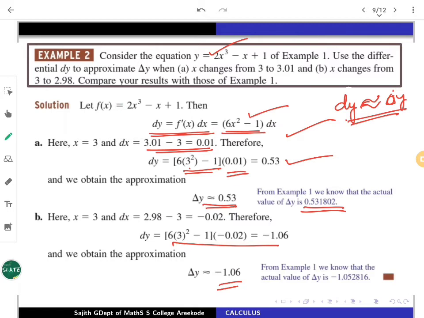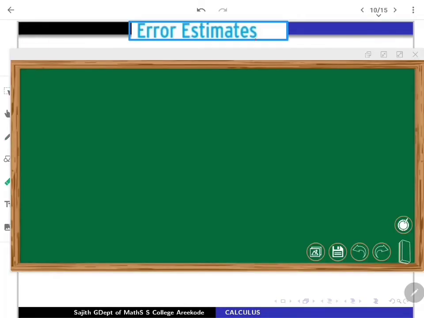There are many applications for these things. While we are using a mathematical model, a variation in the input sometimes means an error; it may represent an error in our computation, in our machinery, in our formula, in measurement and so on. So how can differentials be used effectively for error estimates? Whenever we have a mathematical model y equals f of x, which resembles some real life problem, while measuring the input x some error might have occurred.